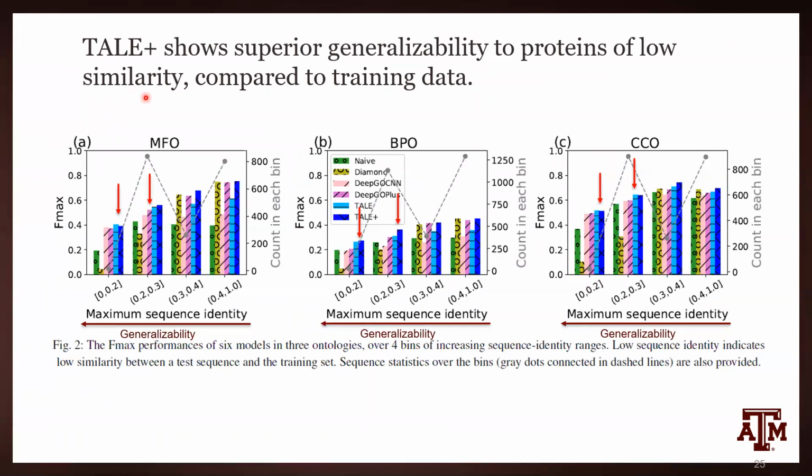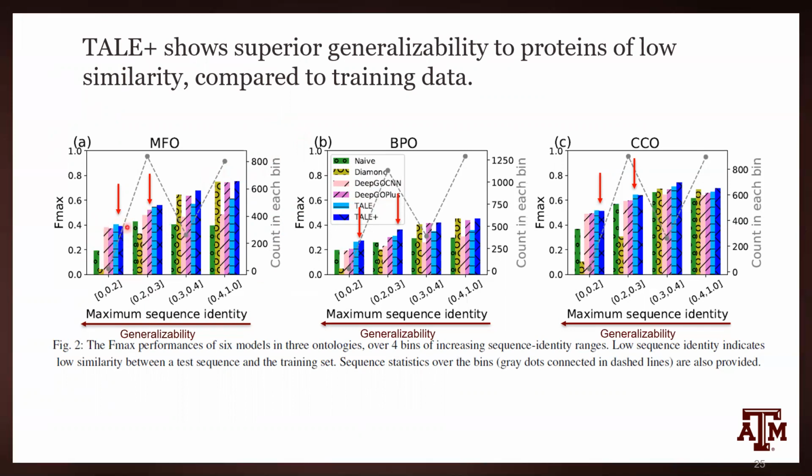First, we compare different methods in sequence. In order to do that, we split our test set into 4 bins based on the maximum sequence identity against the training set. So here we compare TEL and TEL plus against the naive, diamond, typical CNN, typical plus.